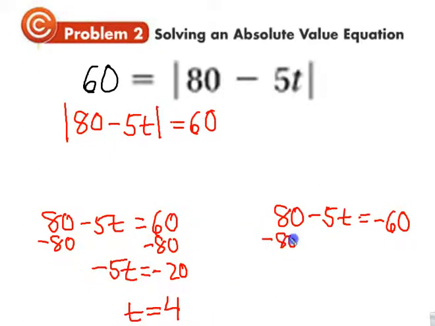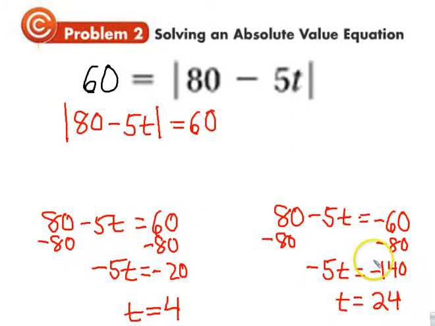I subtract 80. Divide both sides by negative 5, and I get 24. Okay, so as I go through this, I'm solving each equation the normal way, but remember I'm going to set it equal to the positive version of this number and to the negative version of this number.